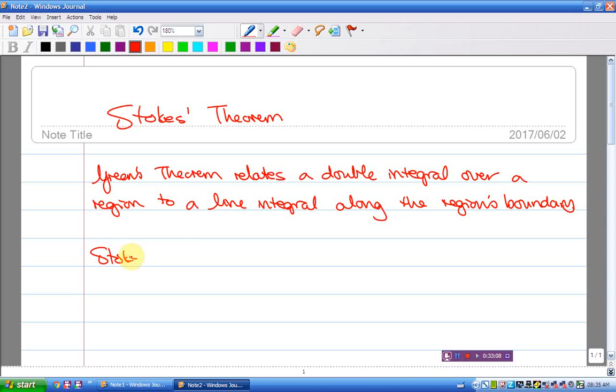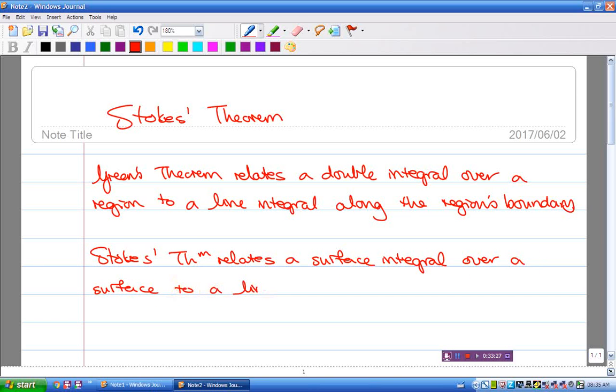Stokes' theorem relates a surface integral over a surface or piece of surface to a line integral along its boundary, which will be a space curve.